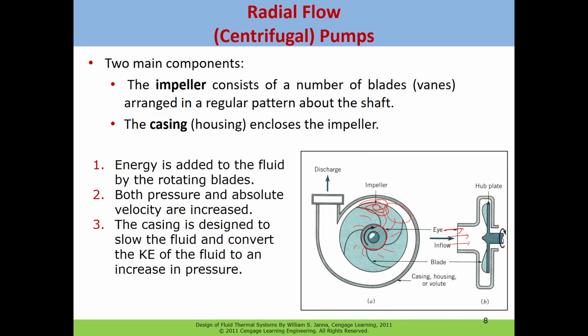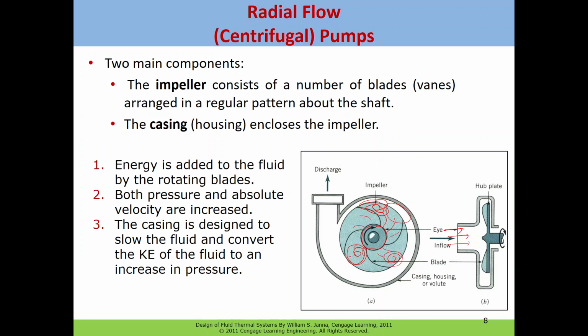Due to this recirculation, there is a possibility of a low pressure zone forming. So the low pressure zone is formed towards the exit of the impeller. If this low pressure reaches the saturation pressure, then some of the liquid will vaporize here, and vapor bubbles will form.